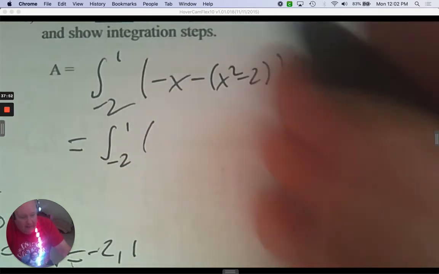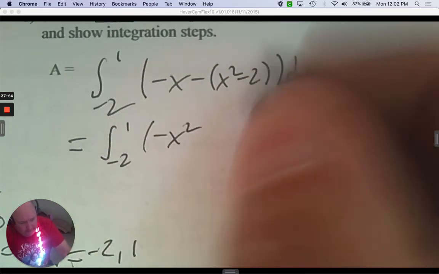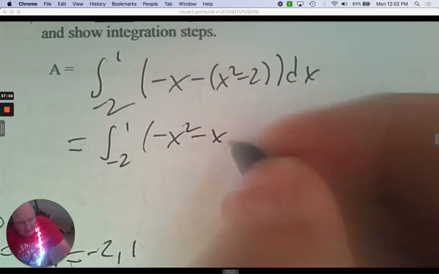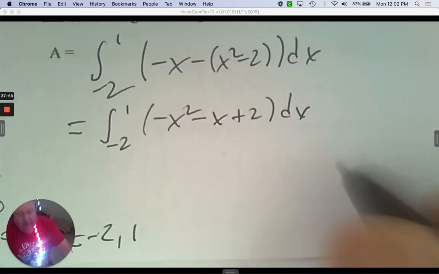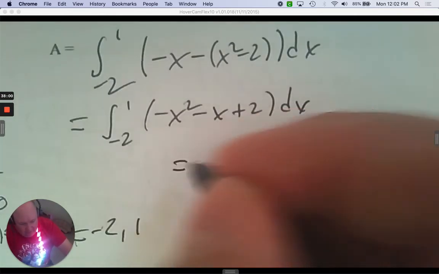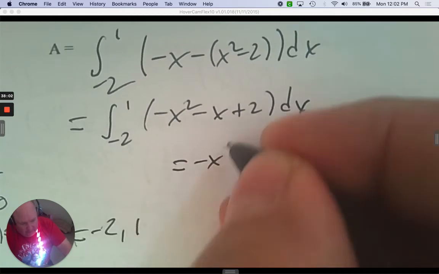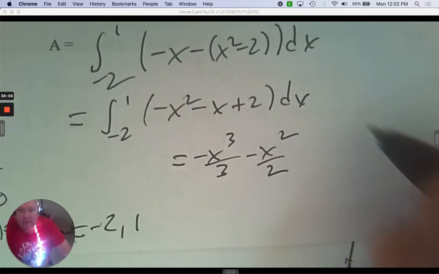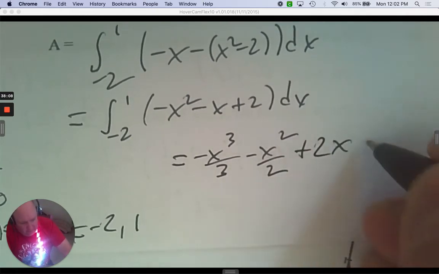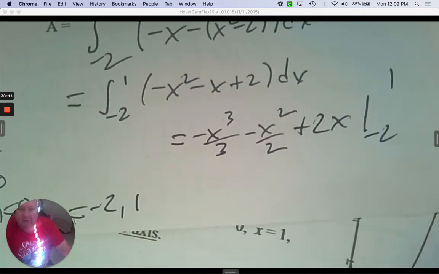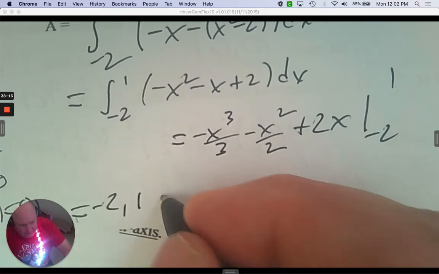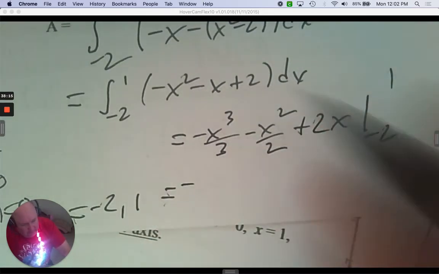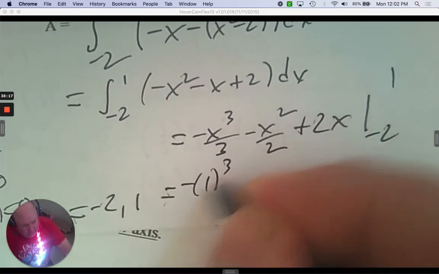So this is negative x squared, negative x, and then a negative times a negative is plus 2. And then the antiderivative of that is negative x cubed divided by 3, negative x squared divided by 2, and 2x. And I'm integrating from negative 2 to positive 1. So first I plug in the upper limit, positive 1.